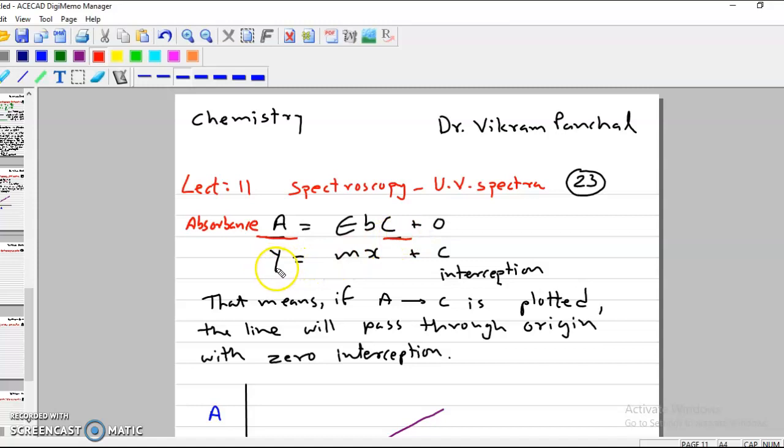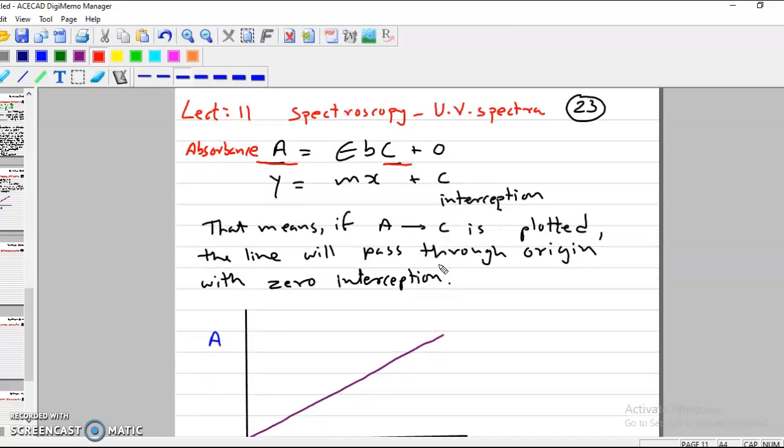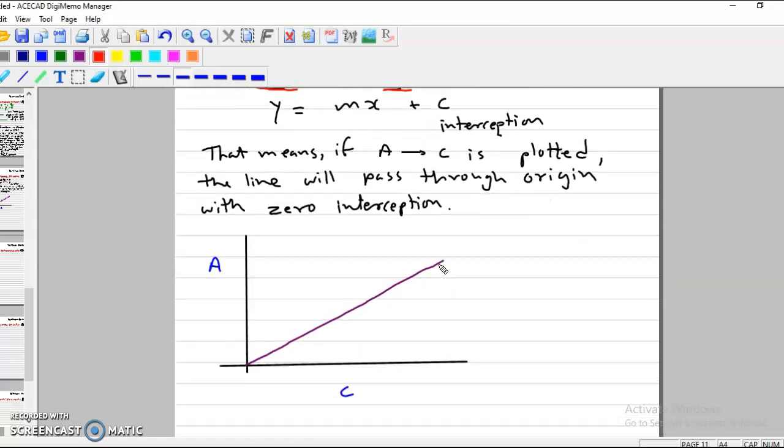Now, when we plot a graph of absorbance versus concentration according to y is equal to mx plus c, here c is 0, that means there is no intercept. So if A versus C is plotted, the line will pass through the origin with 0 intercept. And here m is equal to epsilon b, and that is nothing but the slope.